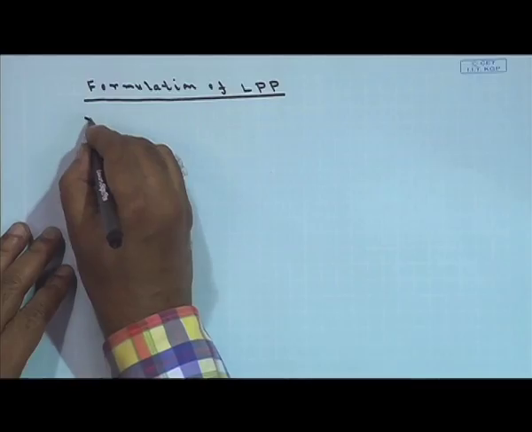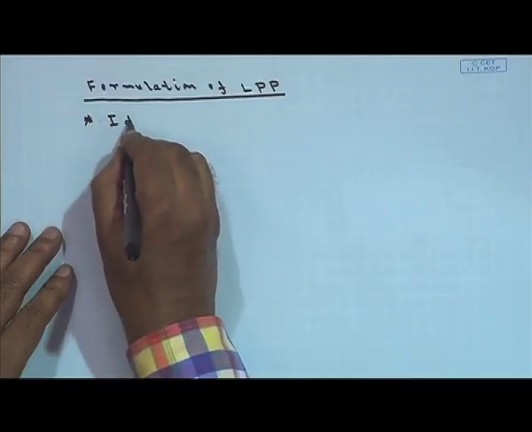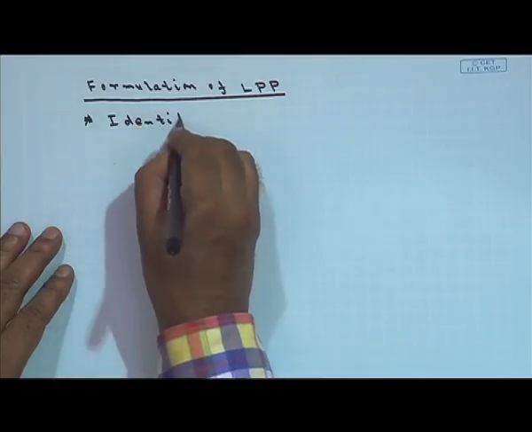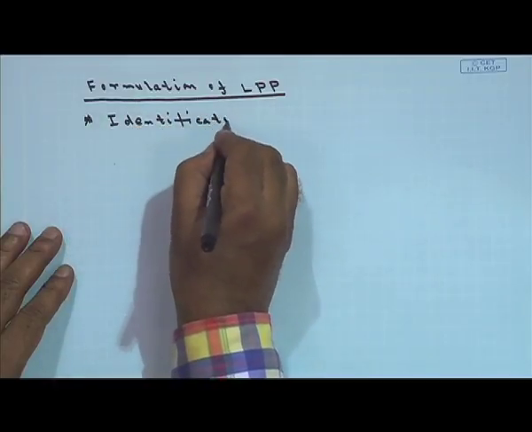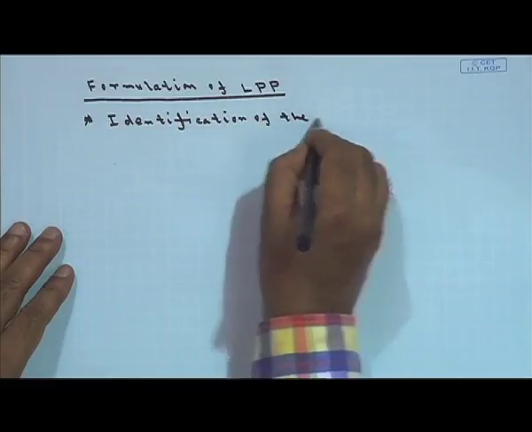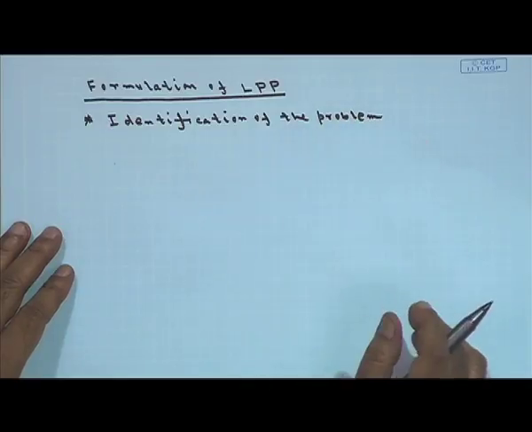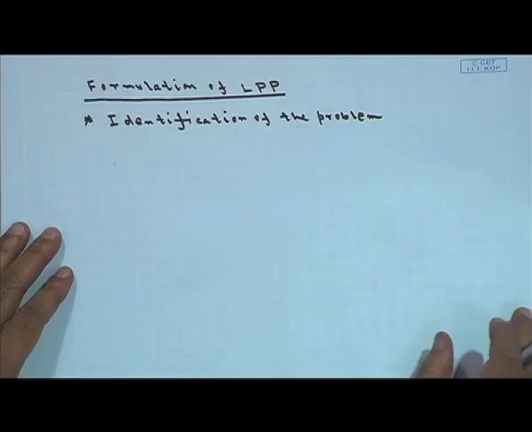The decision making problem basically consists of certain steps. First, I am writing the steps: identification of the problem. Basically, you have to understand what the problem is, because if your understanding is wrong, then the formulation of the model will always be wrong.